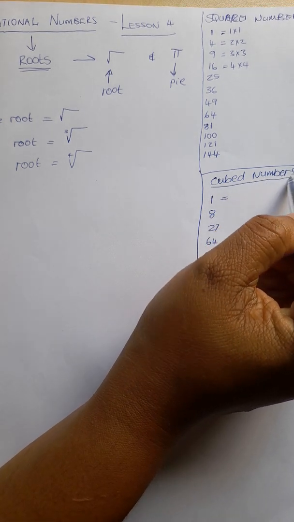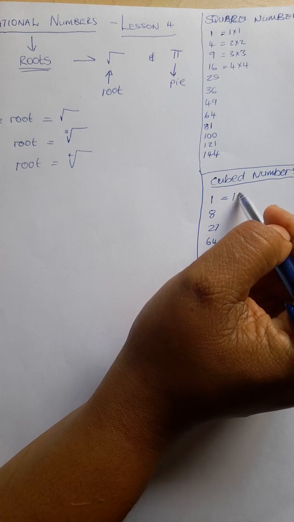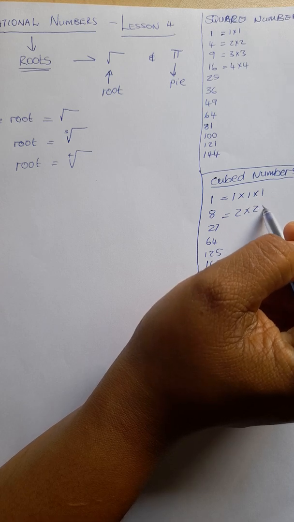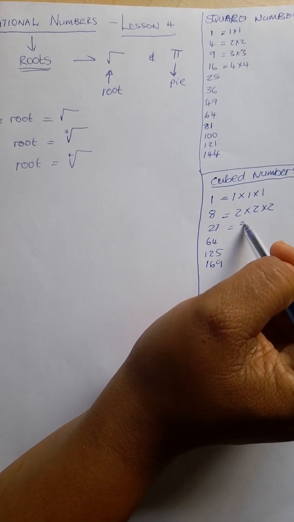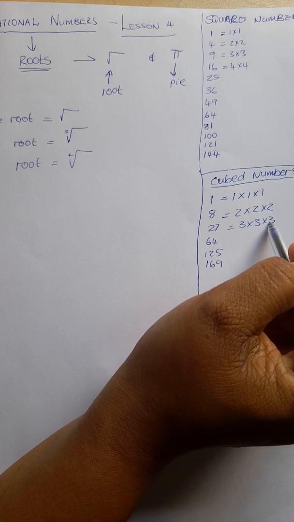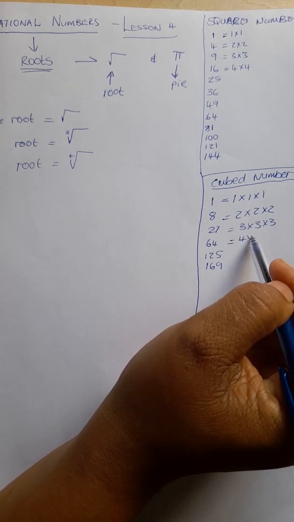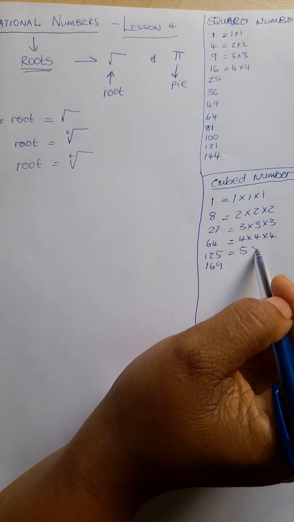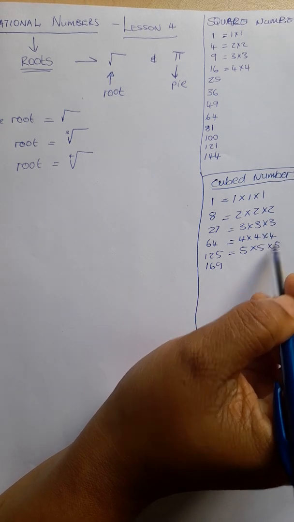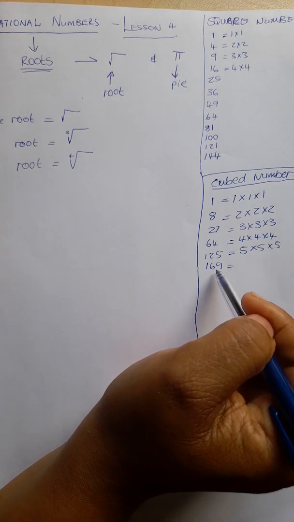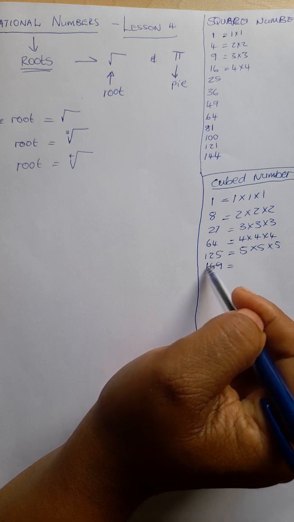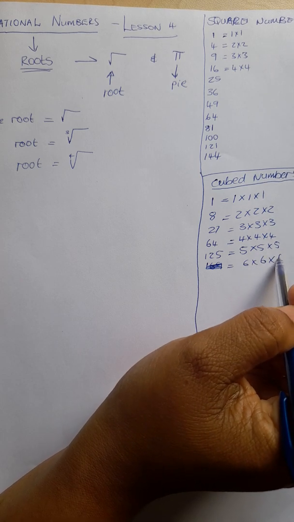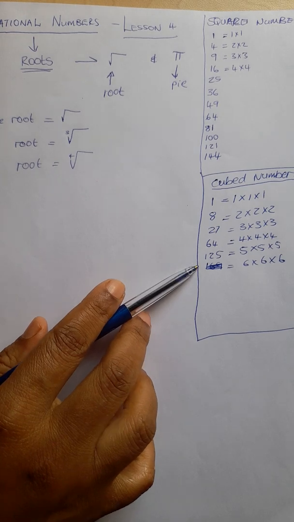Okay, and here the cube numbers, it's 1 because you know that 1 is 1 times 1 times 1. 8 is 2 times 2 times 2. 27 is 3 times 3 times 3. 64 is 4 times 4 times 4. 125 is 5 times 5 times 5. And 169, no, I don't think this is correct. So you can get the next cube number, which is 6 times 6 times 6. You will get the answer here.